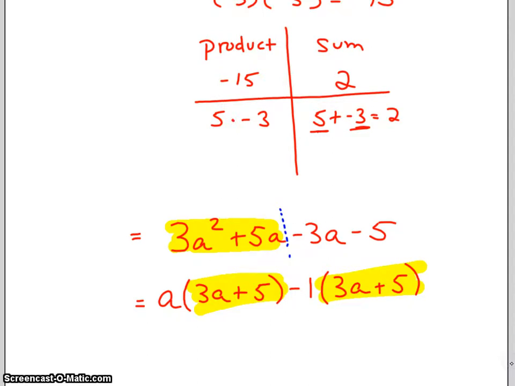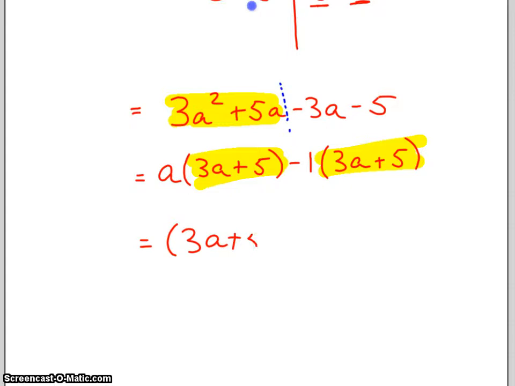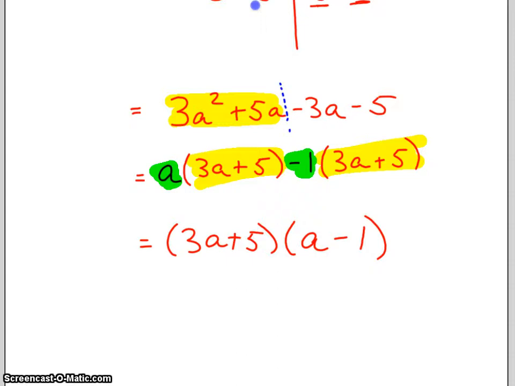So now the 3a plus 5 is the greatest common factor, and we leave what's left, which is the a and the -1. So that goes here. A minus 1.